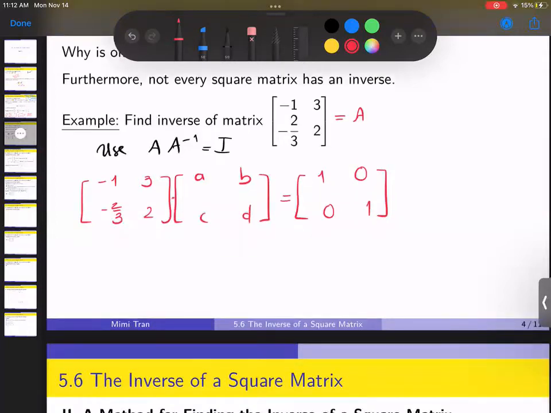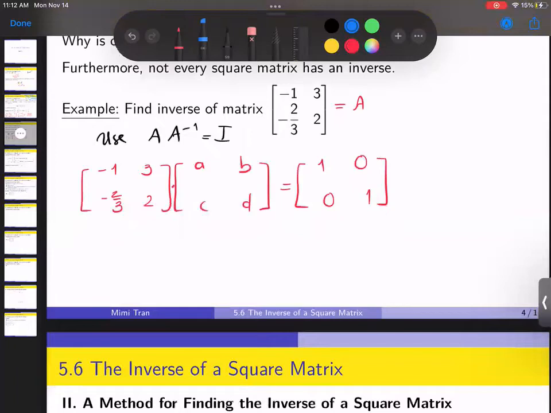Now, how do I solve for a, b, c, d? Matrix multiplication. We take the first row times the first column: -1 times a plus 3 times c, so -a plus 3c. Then the first row times the second column: -1 times b plus 3 times d, so -b plus 3d.